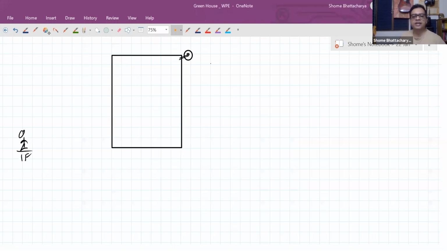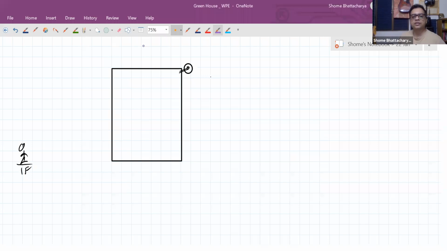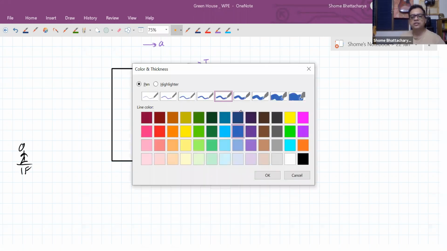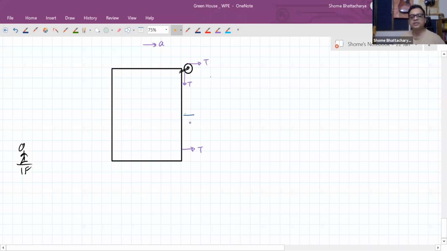So in the inertial ground frame, now this one is having an acceleration A, which you already saw, because there is tension, tension, and again tension acting here. Three tensions. Okay. Then there is this normal reaction that the block is applying. Then there is a friction that this block is applying.